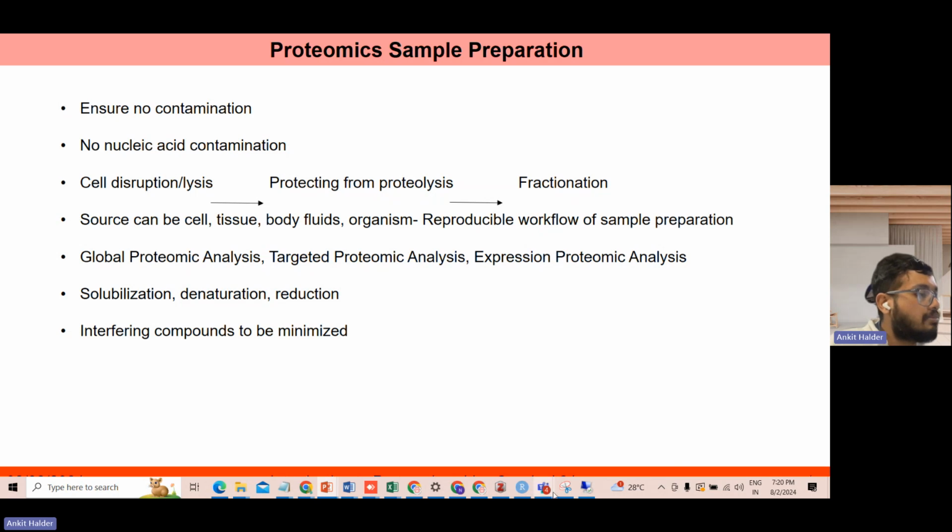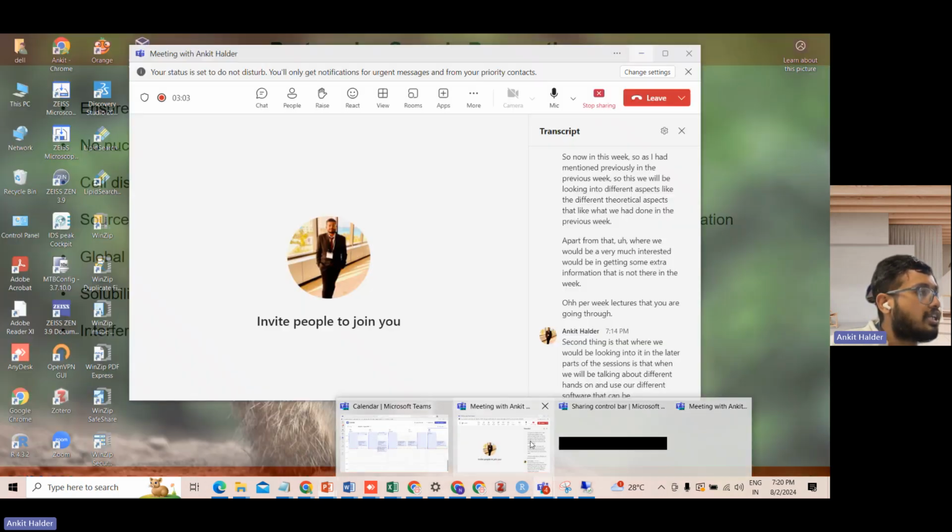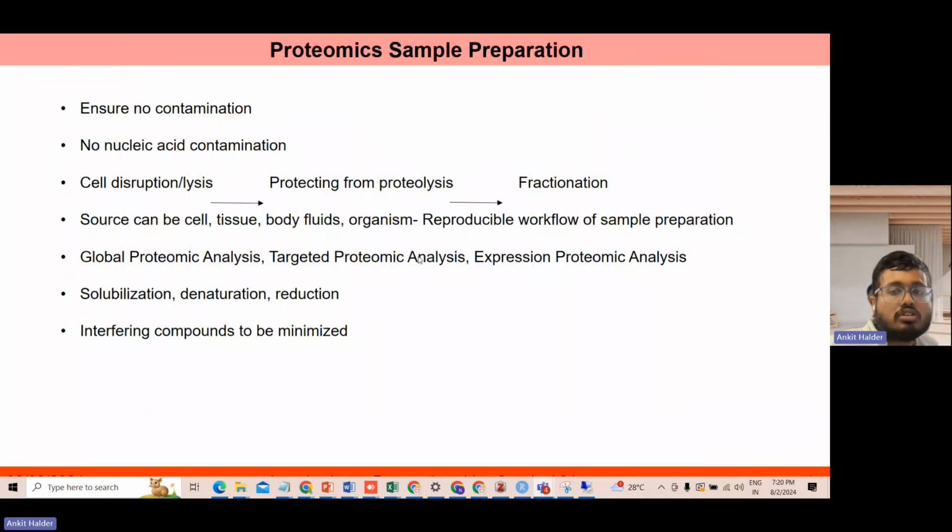But what we are aiming to take is proteins from those. So the salt concentration remaining too high interferes in both gel-based proteomics and mass spectrometry-based proteomics. For that reason, it is quite important to remove those salts and reagents so that we can get a good amount of protein.